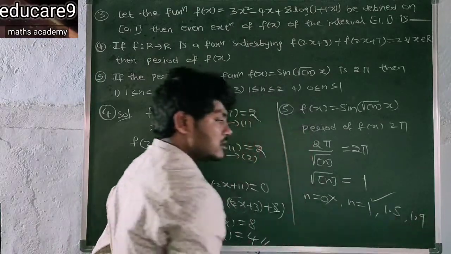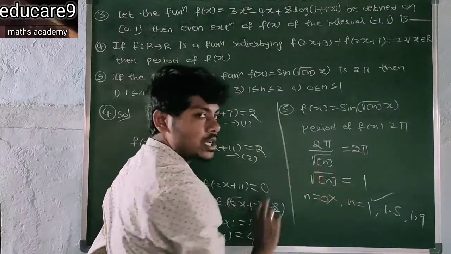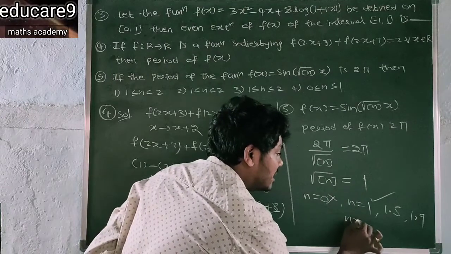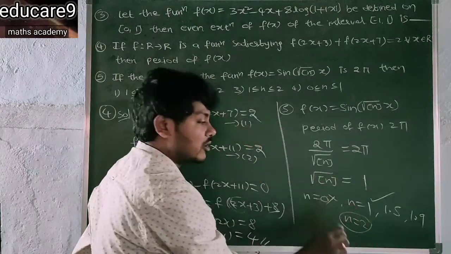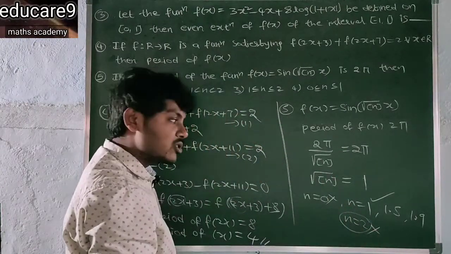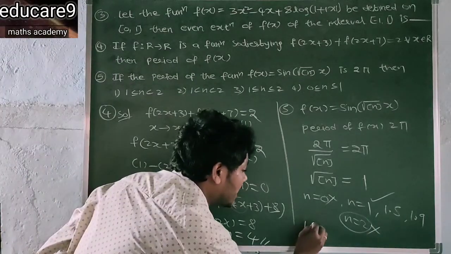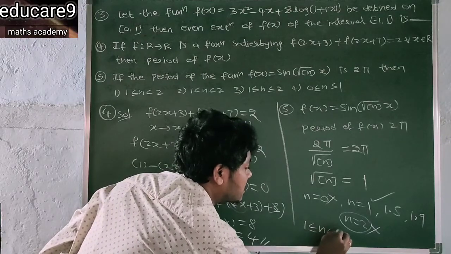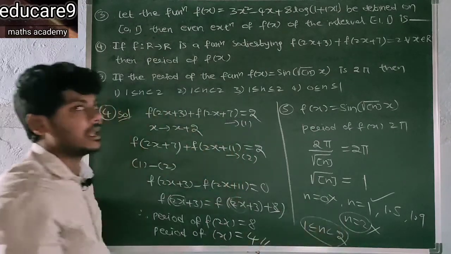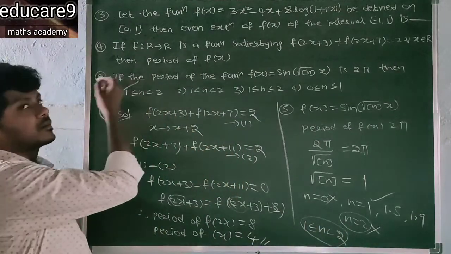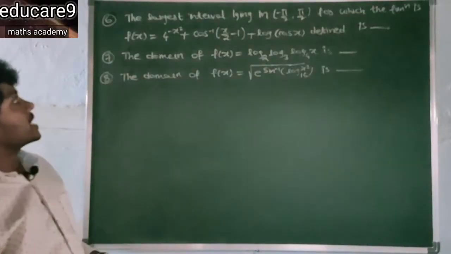For n equal to 1.5, it is possible. 1.9, the floor of root 1.9 is 1, it is also possible. For n equal to 2, not possible. So therefore the values of n are 1 is less than or equal to n is less than 2. Okay, so first option. So see the next question.